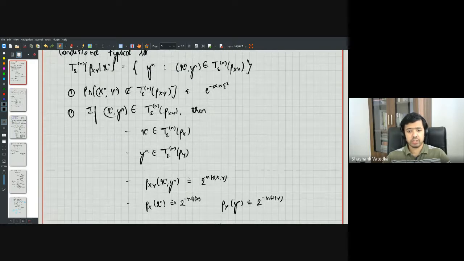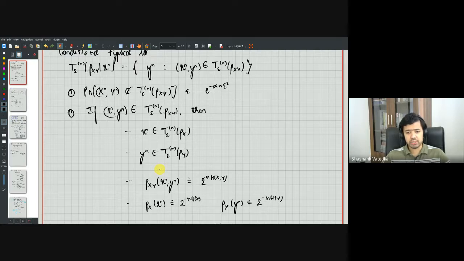One interesting property is that if you have two sequences which are jointly typical, then individually they must also be typical. In particular, if x^n, y^n are in the jointly typical set T_epsilon^n of P_XY, then x^n should be in T_epsilon^n of P_X, and y^n should also be in T_epsilon^n of P_Y.